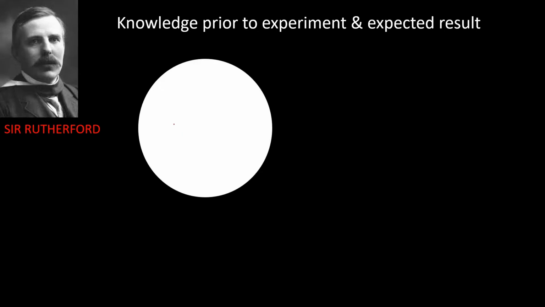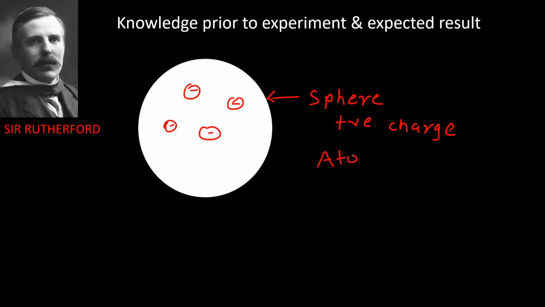Sir J.J. Thomson proposed the atom is like this. It is a sphere of positive charge, and negatively charged electrons are embedded in it so as to make the atom electrically neutral. This was the key feature, the main successful point, of Sir J.J. Thomson's atomic model.